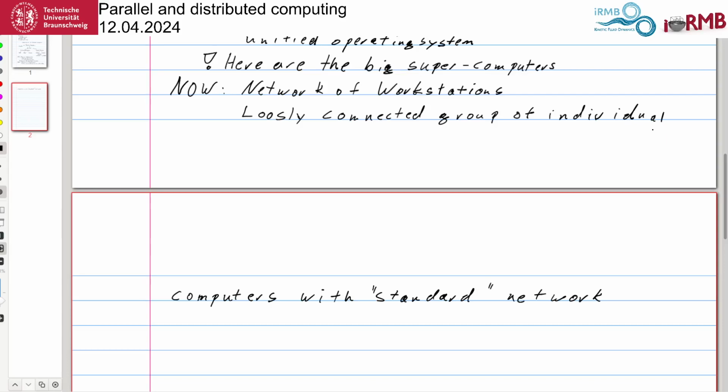We have external IP addresses, so you can individually connect to each of these computers. But even if we had local ones, we could interact between these computers and let them work together.